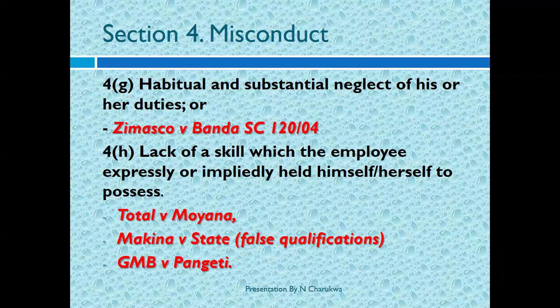And then 4H, we're saying lack of skill, which the employee expressly or impliedly held himself or herself to possess. Now, with this one, this is an offense where an employee forges certificates, forges the skills that they say they have in order to secure a placement or a job.